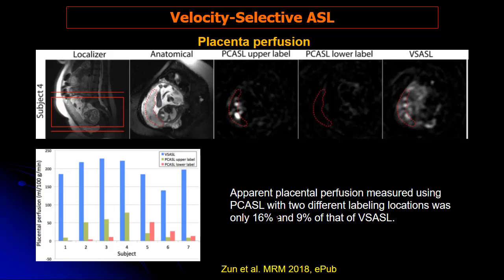The PCASL labeling only achieved 16 or 9% of the perfusion signal compared to the velocity selective ASL with these 2 different labeling locations. This is because at the body, placenta area, the flow velocity and B0, B1 environment is much worse than the neck regions.